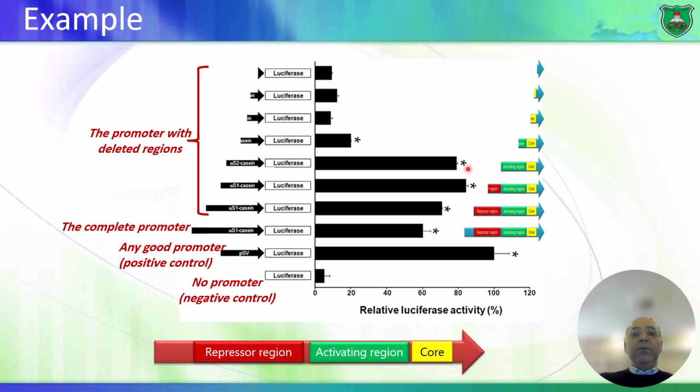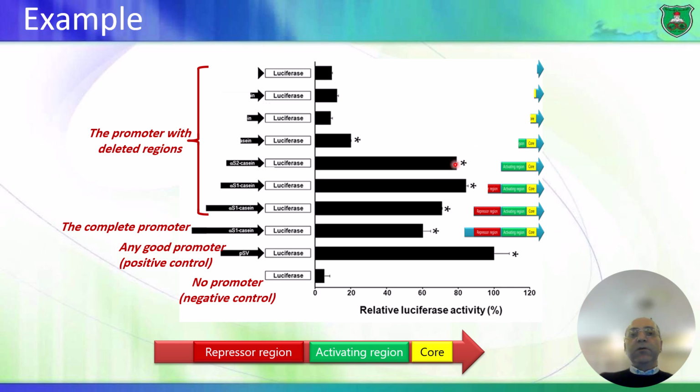Now let's say that I remove this whole thing. This is what I get. By the way, there's basically no difference between this and that. So this is just experimental conditions. Now, I start removing the activating region. What do you think would happen if I remove the activating region? I should see a reduction in expression, and that's exactly what I see.